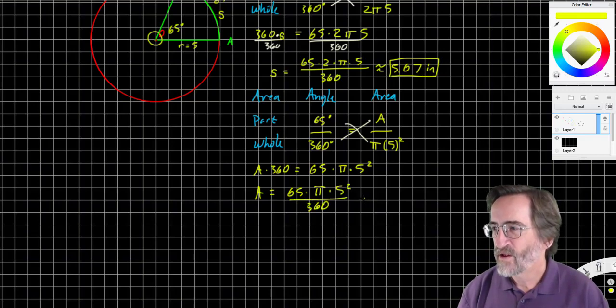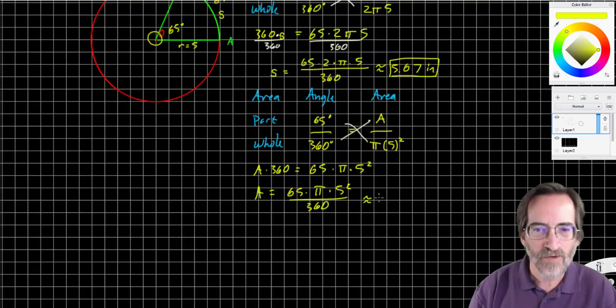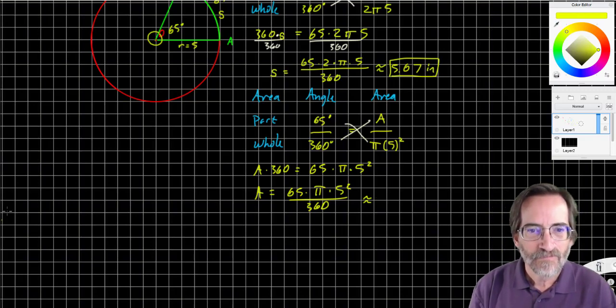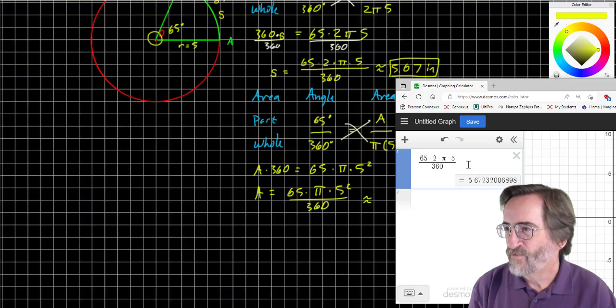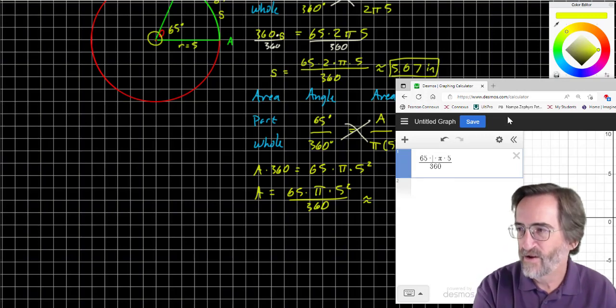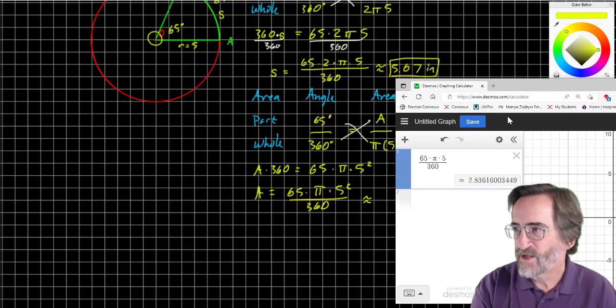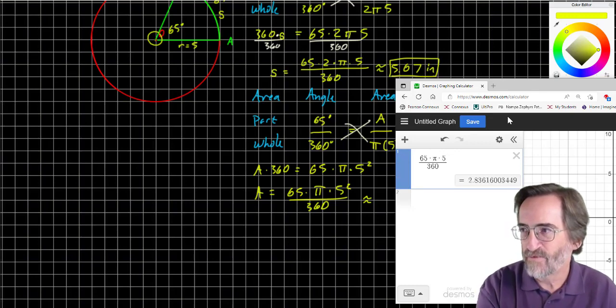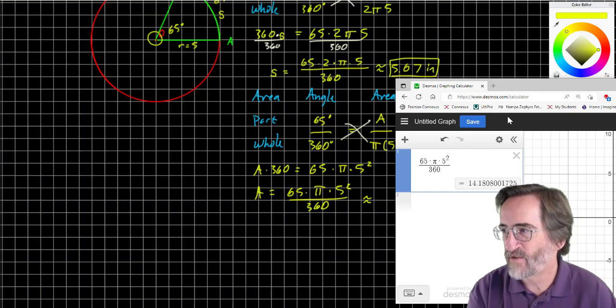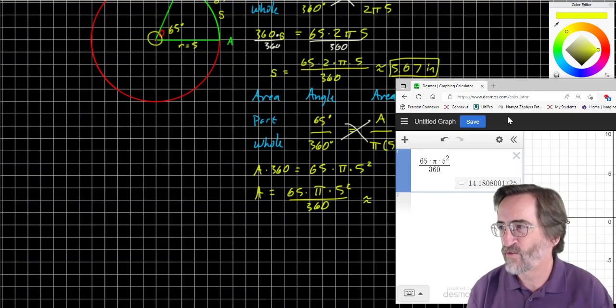Okay, and there we go. Let's go ahead and pull up Desmos. Okay, 65 times pi times 5 squared, I'm just editing the original, divided by 360 is 14.14.